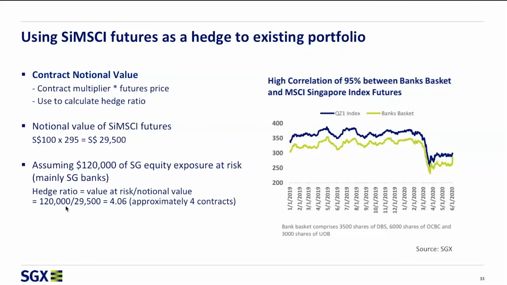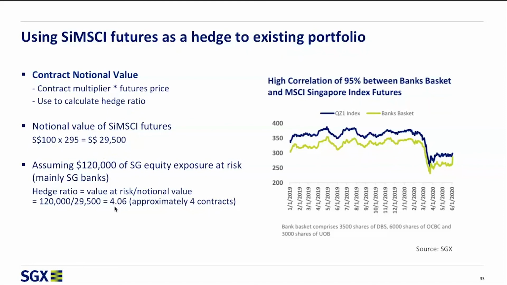Take the amount at risk, which is 120,000, and divide by the notional value. You're going to get a number, and that number would be the number of contracts you need to open. I have 4.06, so easily we open 4 contracts to hedge your existing stock portfolio.